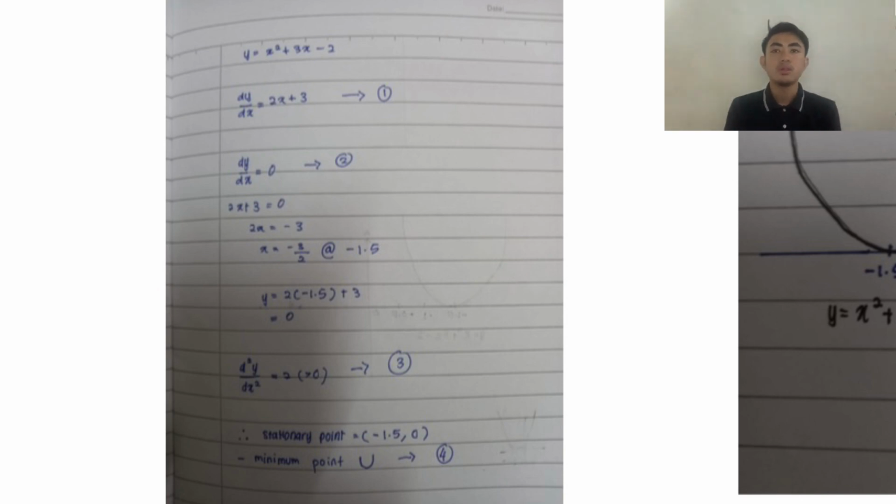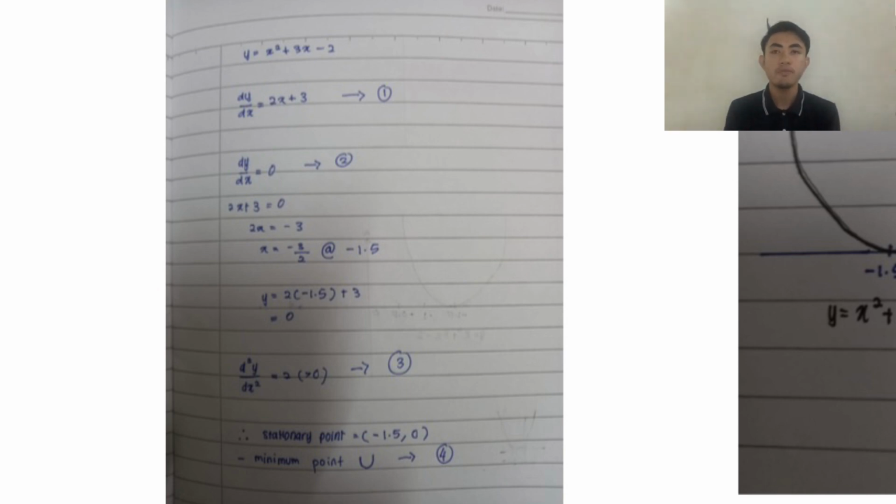We take the equation from step 1, 2x plus 3, and do the second differentiation, and we get a value of 2. We use it to find the stationary point. So 2 is more than 0. For the values of x and y, we got negative 1.5 for x, and for y we got 0. So this is a minimum point.